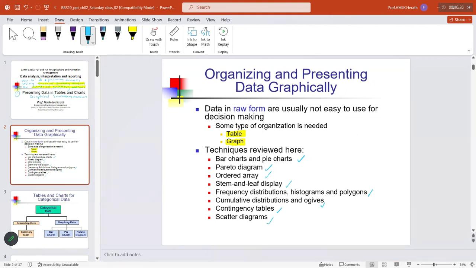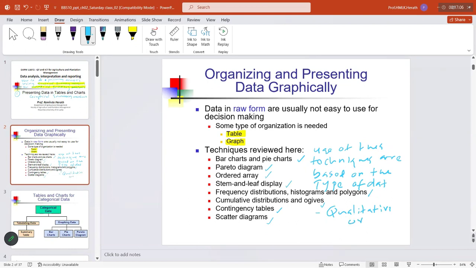The use of these techniques is based on the type of data, whether they are qualitative data or quantitative data.